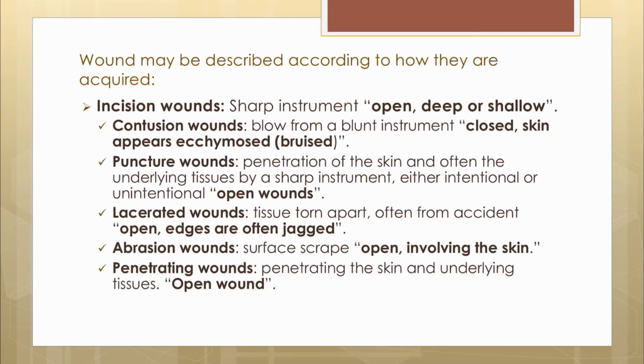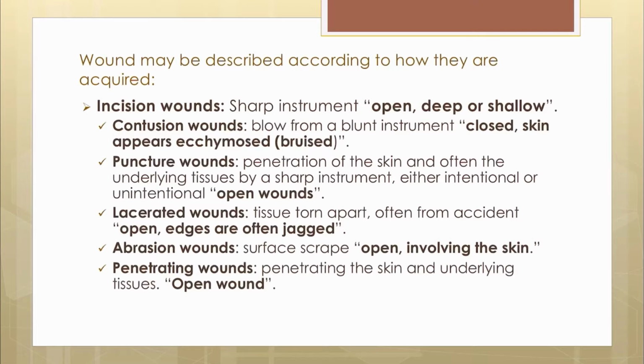Wounds may be described according to how they are acquired. Incision wounds, sharp instrument. This is an open, deep, or shallow wound. Under the incision wounds are contusion wounds, blow from a blunt instrument. A closed skin appears ecchymosed or bruised. Second, puncture wounds, penetration of the skin and often the underlying tissues by a sharp instrument, either intentional or unintentional.